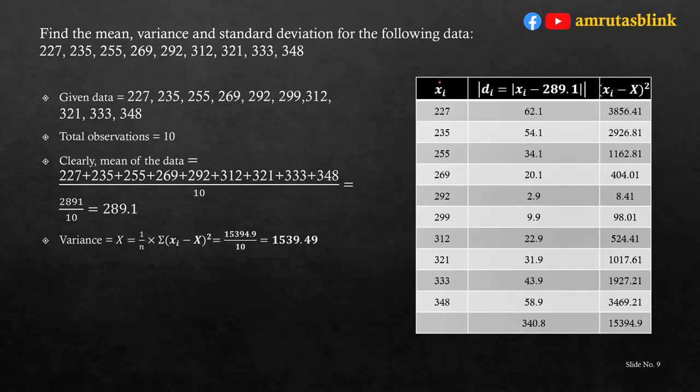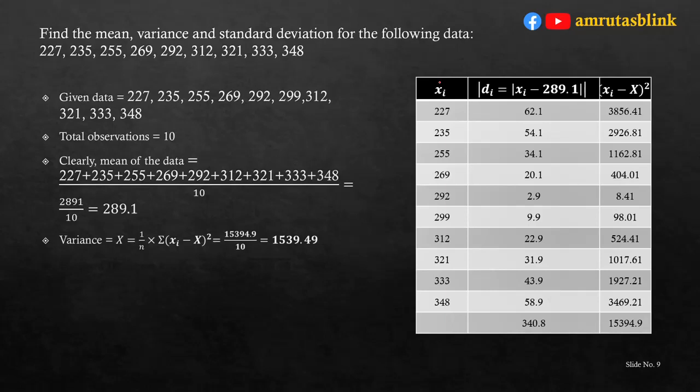Then 289.1 minus 235 is equal to 54.1. Then 289.1 minus 255 is equal to 34.1. Then 289.1 minus 269 is 20.1. Then 292 minus 289.1 is 2.9. Then 299 minus 289.1 is 9.9.